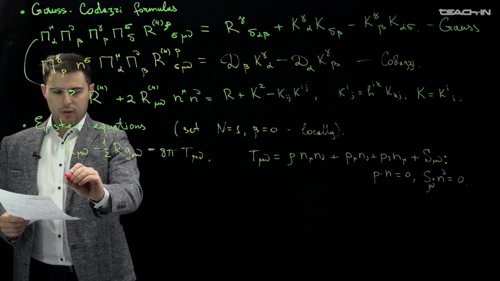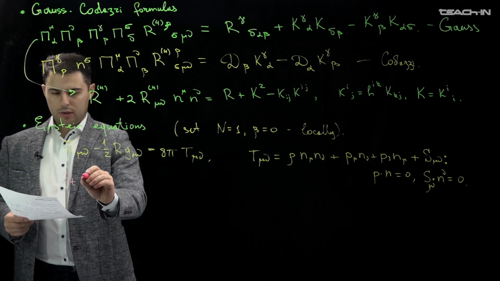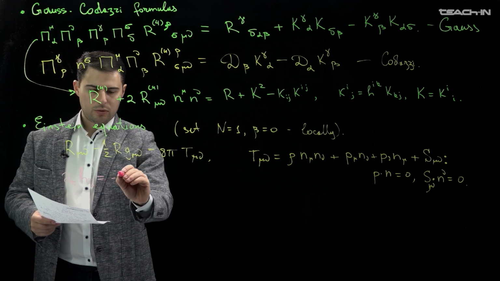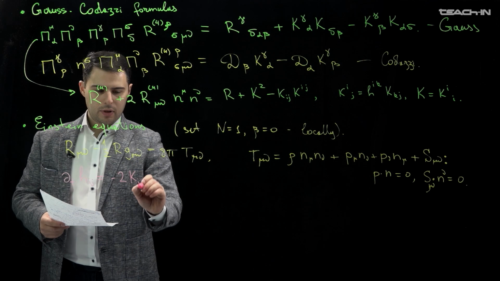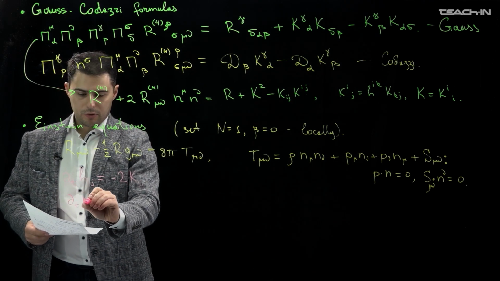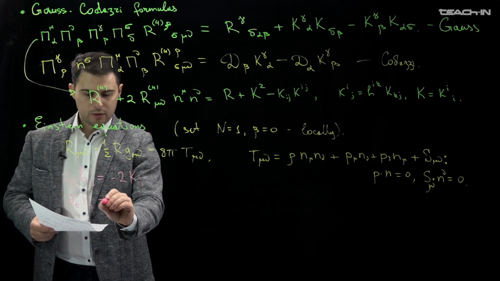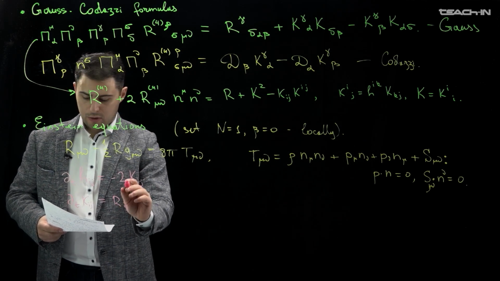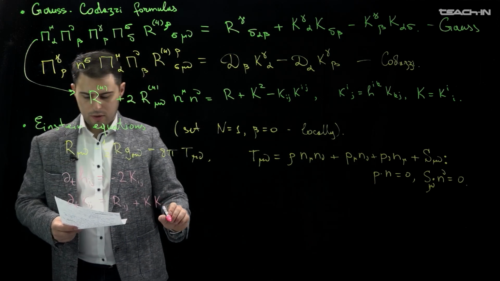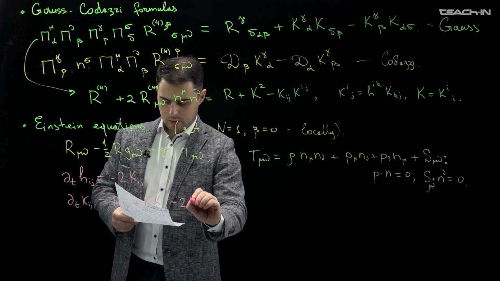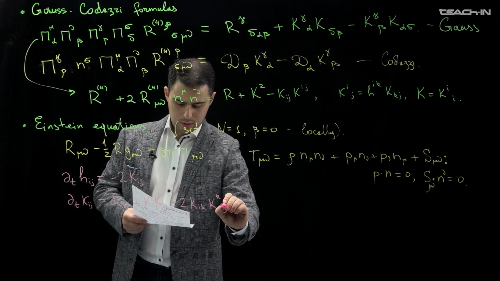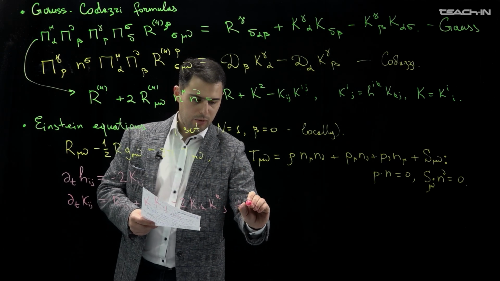First of all, dt of hij equals minus 2kij, and dt of kij is given by the three-dimensional Ricci tensor plus combinations of extrinsic curvature plus terms coming from the stress tensor.